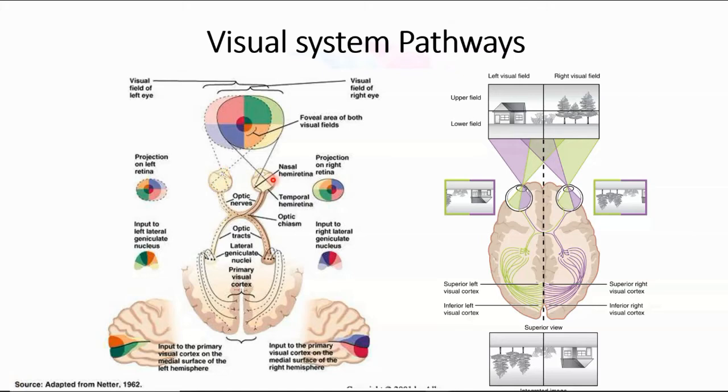To understand projections from the visual field, which is the left and right visual fields, each may be further subdivided vertically into nasal and temporal divisions and horizontally into inferior and superior divisions.